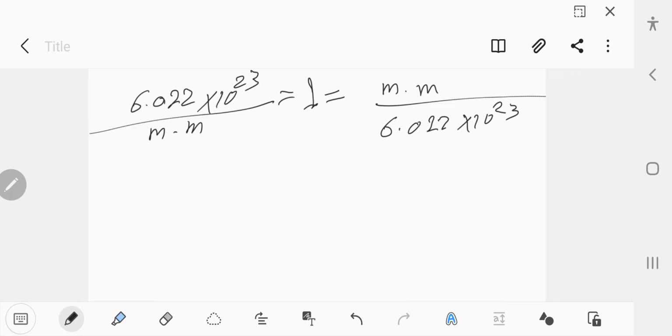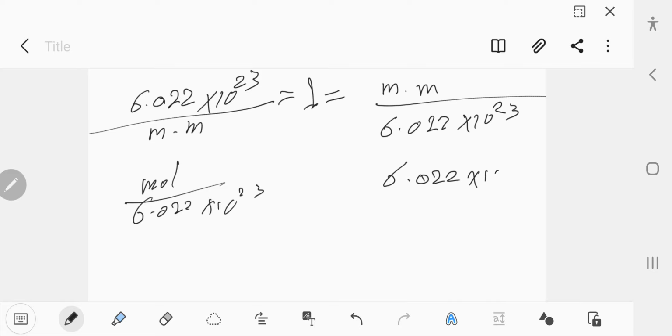And mass means that we have to use the molar mass. If we have number of moles in the question, we have to use mole over 6.022 times 10 to the power 23, or 6.022 times 10 to the power 23 over 1 mole.